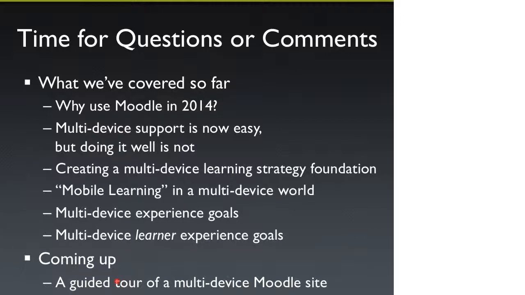I shared some multi-device experience goals, trying to be consistent conceptually and visually across devices, making sure content and functionality is the same on all devices and platforms, and briefly touched on some multi-device learner experience goals, where I've heard from my students that they want stuff engaging, organized, relevant, and appealing.